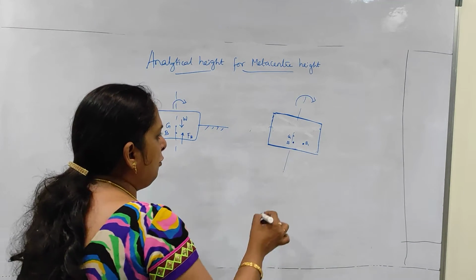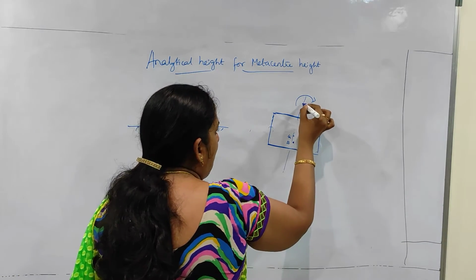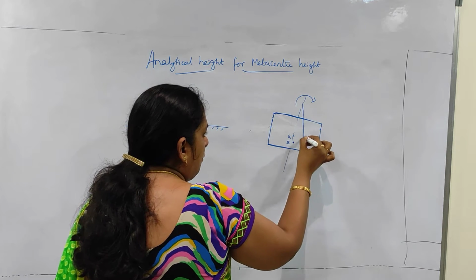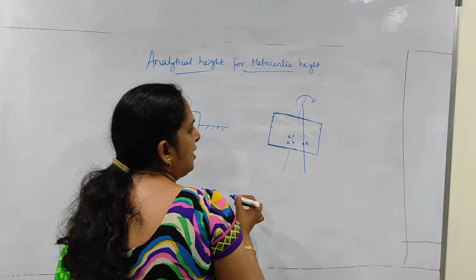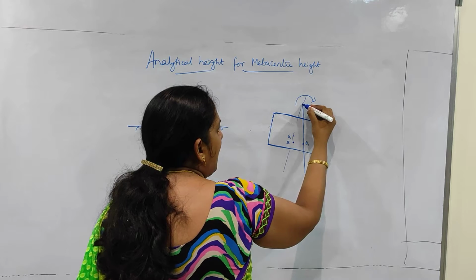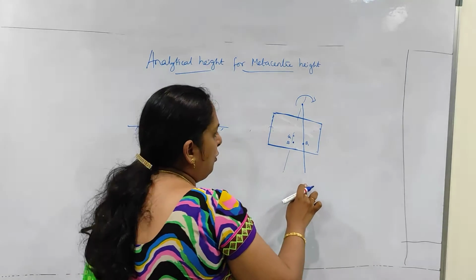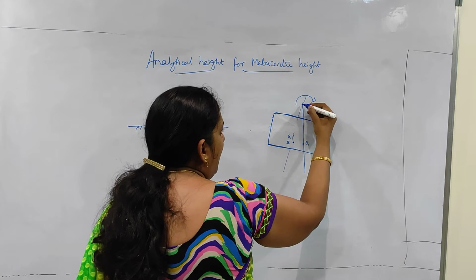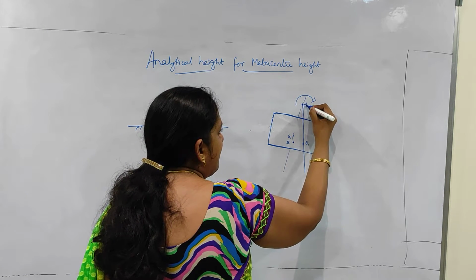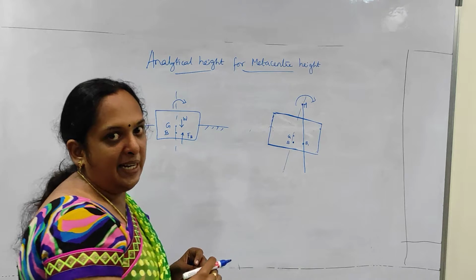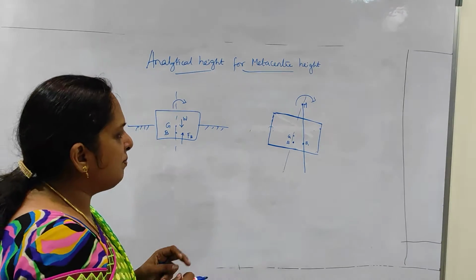Now I am going to draw a line perpendicular through this B1. This is the axis line, and this is the line I draw along with B1. Where it intersects the axis is said to be your metacenter. So what is metacenter?